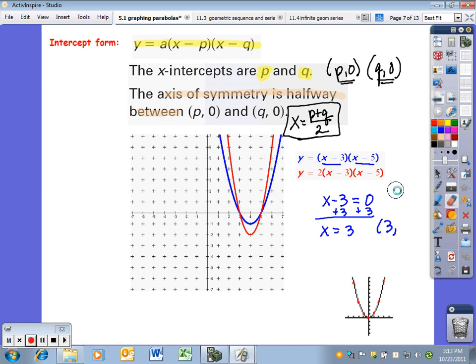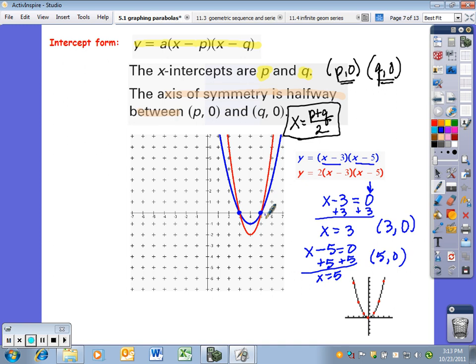For the other one, x minus 5 equals 0. Add 5, x equals 5. So when x is 5, the y was 0. So I have (3, 0) as a point, and I have (5, 0) as a point.